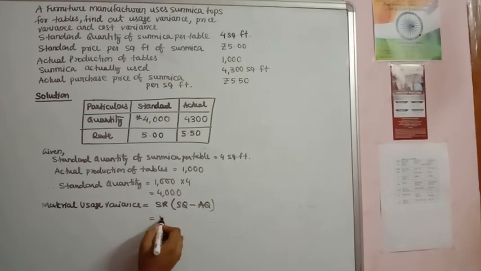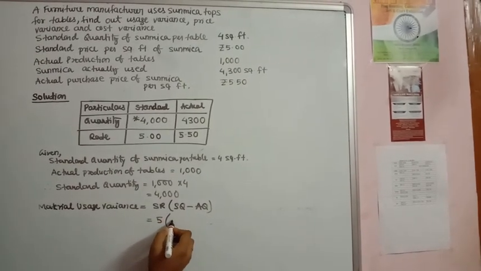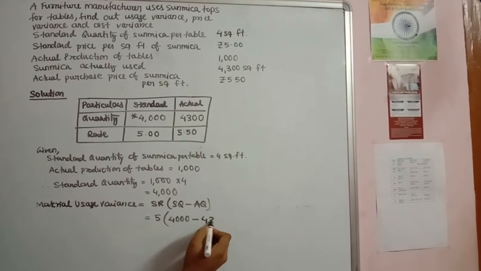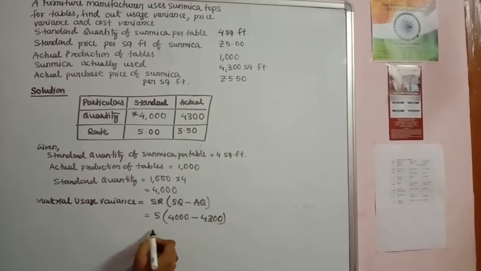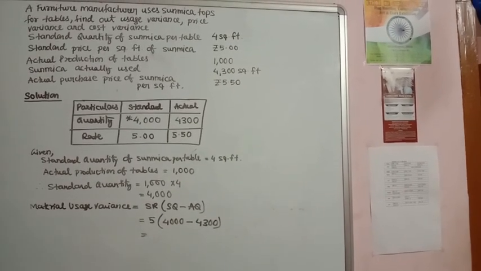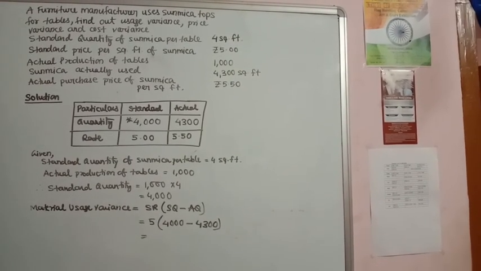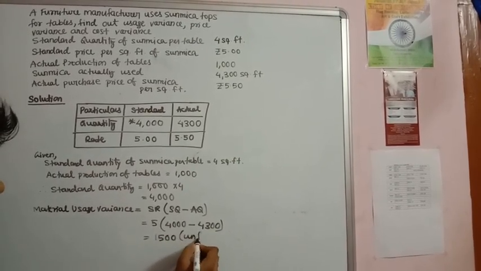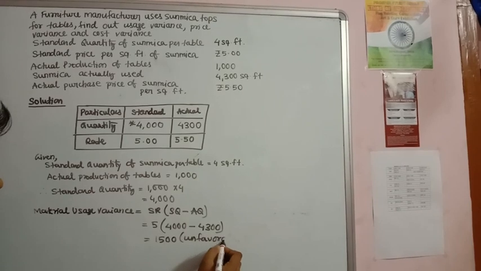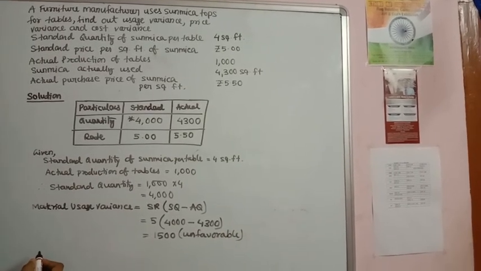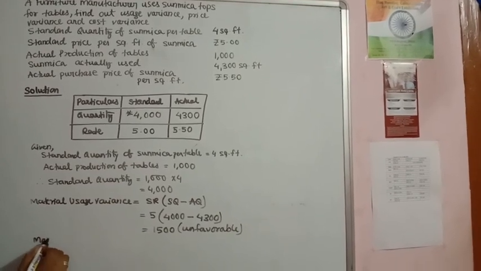Standard rate is 5, standard quantity is 4000, actual quantity is 4300. So again we will find that this figure will be negative, 5 into minus 300, that is negative 1500. So we will write unfavorable 1500.